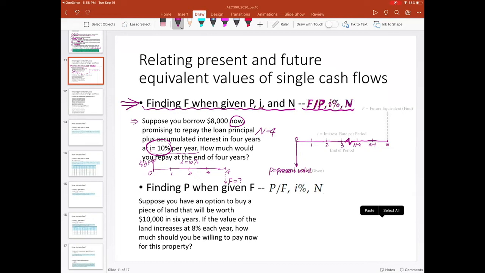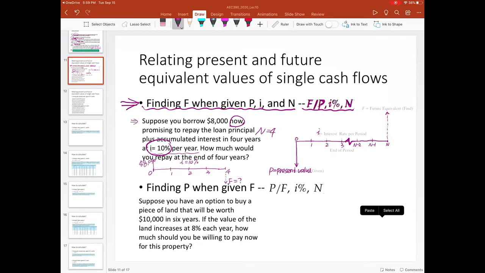And also the I will be given, and the question you want to answer is what is the equivalent future value at the end, right? And if you have an arrowhead going down at the beginning as the present value, that means you spend some money, and the question you want to answer will be how much you can get back.